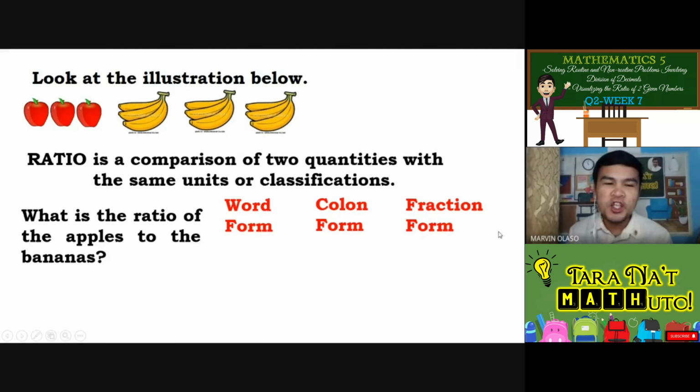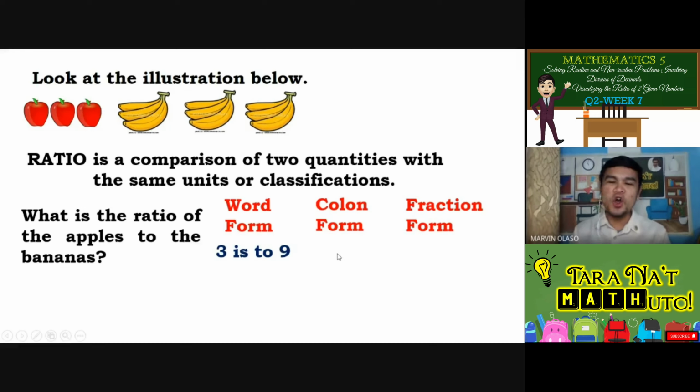You might be asked, what is the ratio of the apples to the bananas in word form? What is the ratio in colon form? And what is the ratio in fraction form? You should know these three forms. So, how many apples do we have? Yes, we have 3 apples. If there are 3 apples and 9 bananas, the ratio is 3 to 9. Understood?